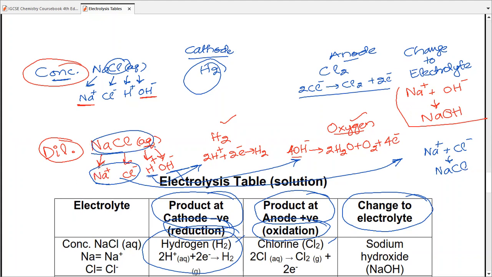So basically, in this kind of electrolysis, a dilute system, the salt remains the same electrolyte from start till end, and we actually break down water into hydrogen gas and oxygen gas, respectively, at the cathode and anode.